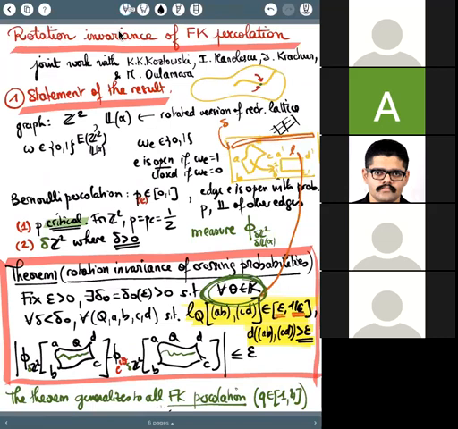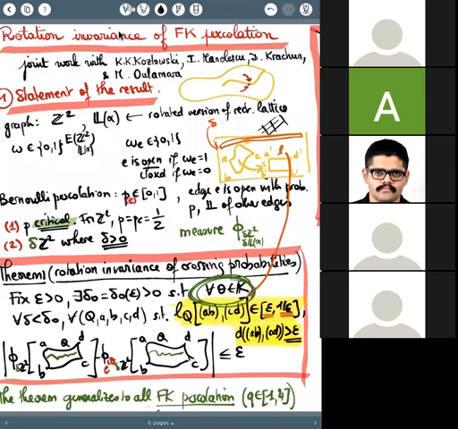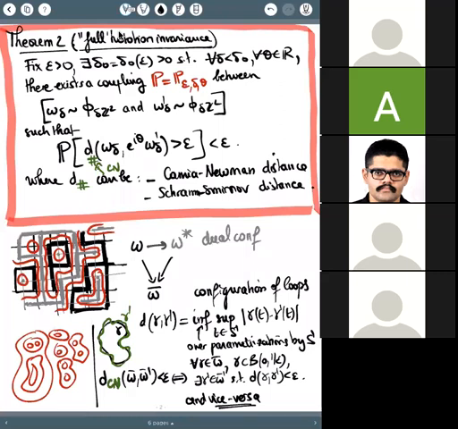The distance assumption that Misha reminded me of is important because this is where you really use the Camia-Newman distance. You only control the large loops, so you want to be looking at crossing probability of large clusters.